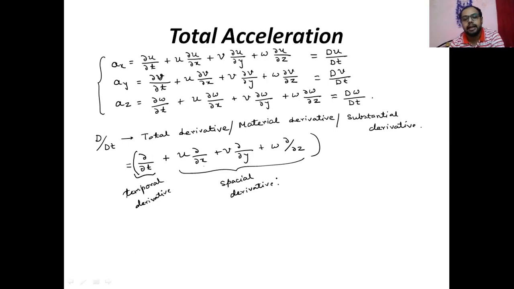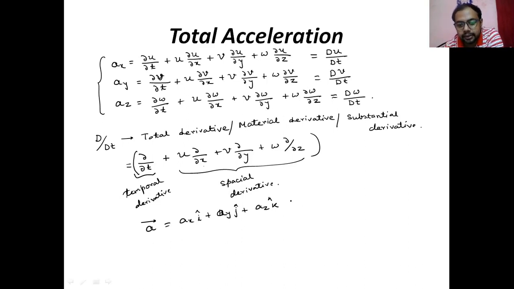Now in this case, if you write D by Dt, you see that we are writing the same. So total acceleration is a_x i plus a_y j plus a_z k. That is the total acceleration vector. Previously we wrote the magnitude; now we are writing in terms of the vector.